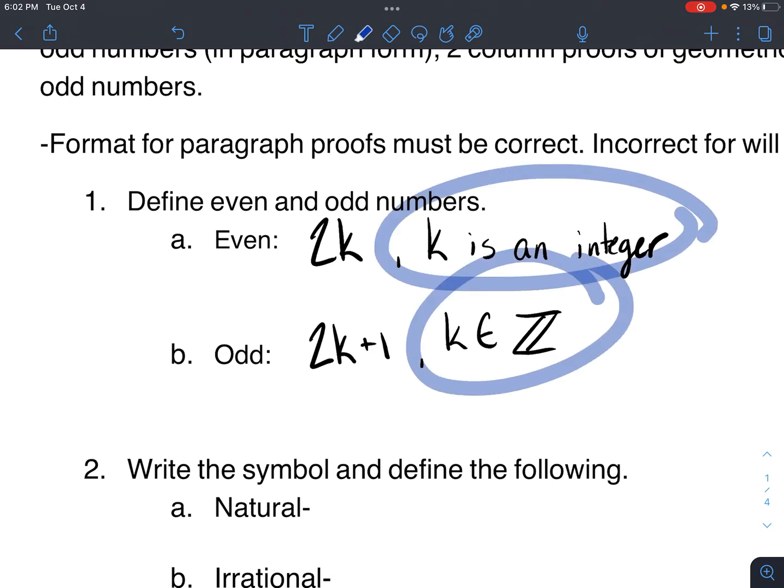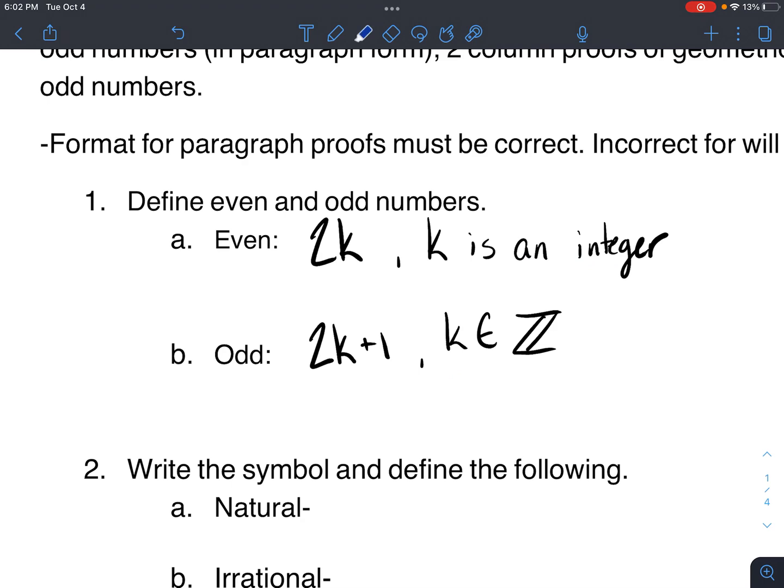These two things, they mean the same exact thing. This E basically means exists, and this double Z means integer. You could use either one. You could use them interchangeably. It doesn't matter to me.